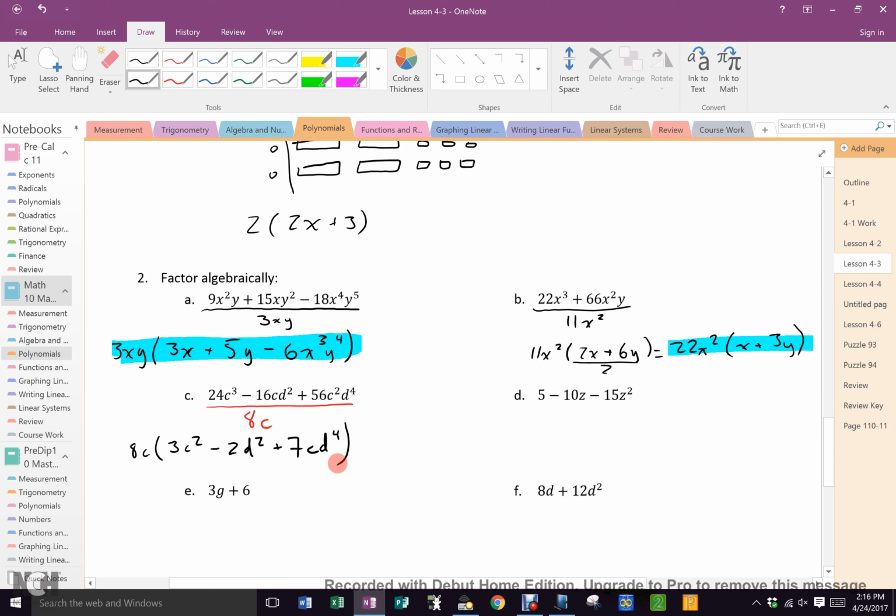All right. What's common to D? 5. Any letters? No. 5's out here. 1 minus 2Z minus 3Z squared. Done. Cool?